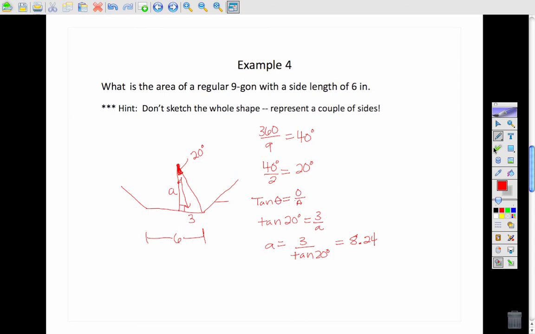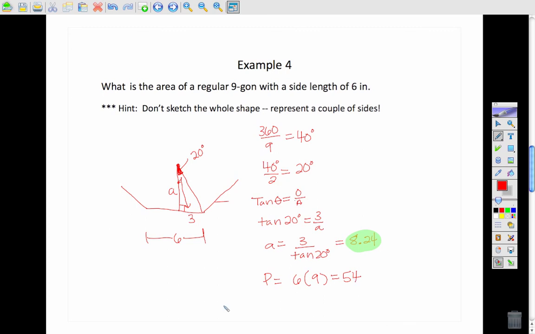Okay, so when I take 3 divided by tangent 20, I get 8.24. Right, so there is our A value that we need, and we'll come back to that one. Now I need the perimeter.